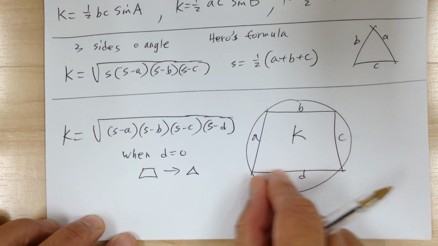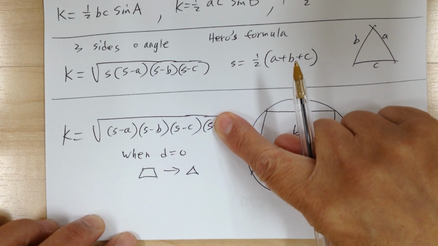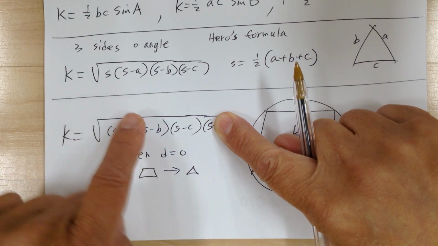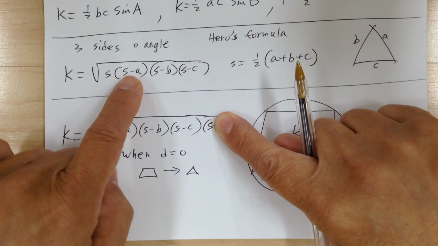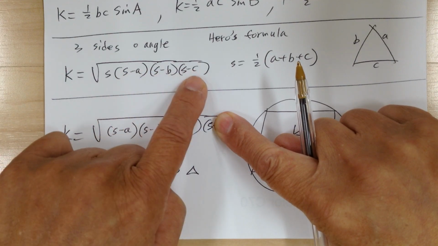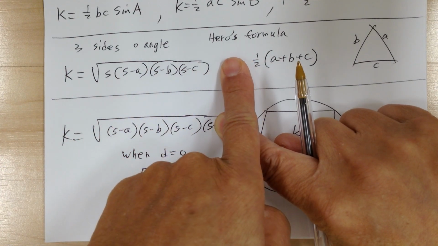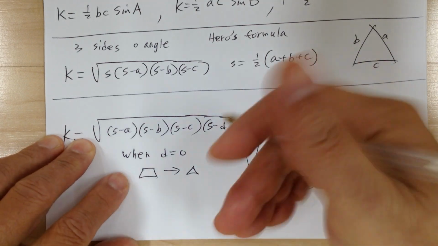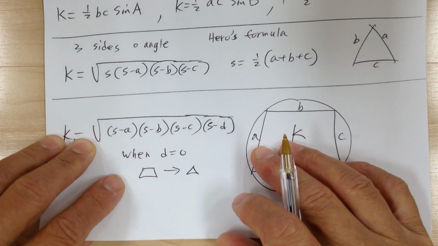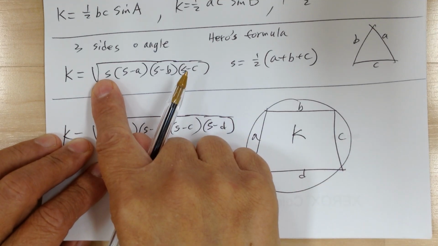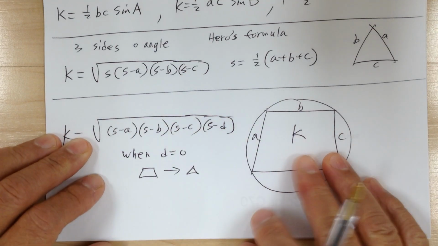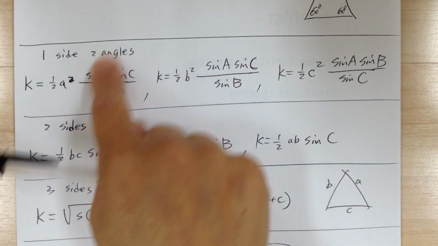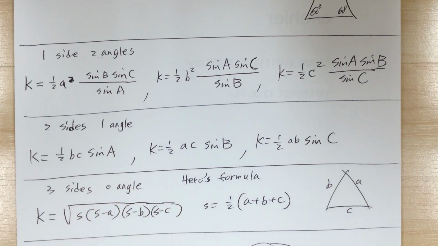But when D equals 0, it becomes a triangle, and so this becomes that. Actually, I would want to put S in the back. I like to use S minus A, S minus B, S minus C, and S minus D with D equal to 0, so I would probably memorize it that way, because having S in the front looks kind of weird. But anyway, go back to this again. Make sure you know the different situations to know what equation to use.